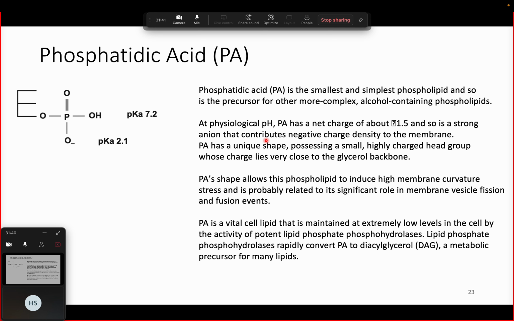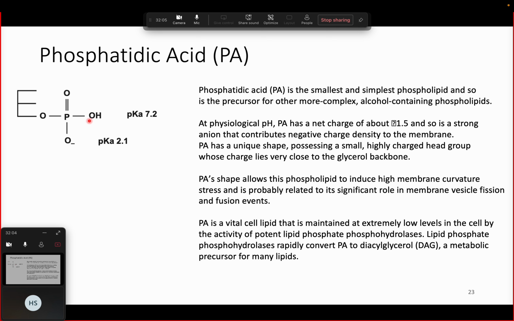PA has a unique shape, possessing a small, highly charged head group whose charge lies very closely to the glycerol backbone. So what it says is why it is so special and unique in shape, because see, here is a negative charge, right? And you know that this comprises the head group and this comprises the tail, right?